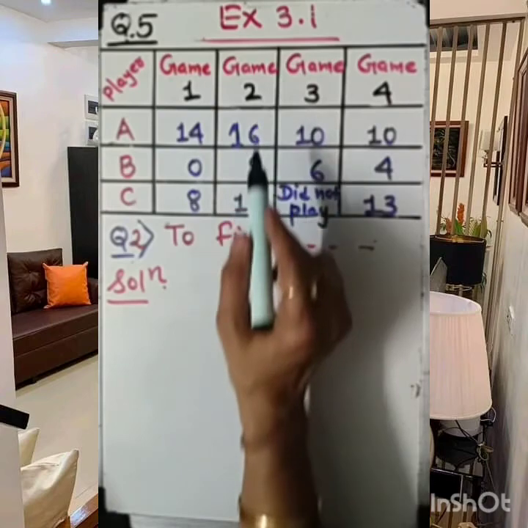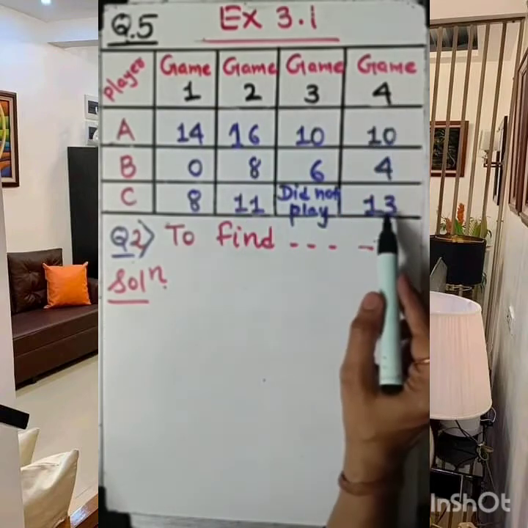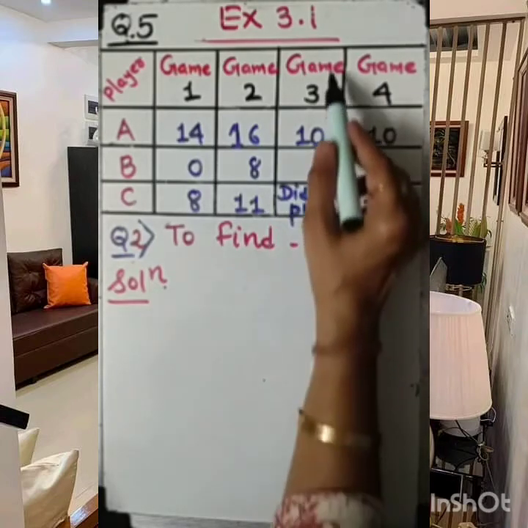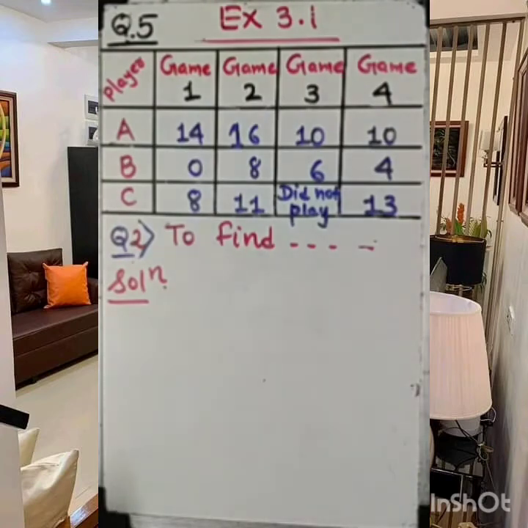For game 2, his score is 11. And for game 4, his score is 13. But he did not play game 3. So in such a case, we need to consider only 3 games. We need to consider the total points, which will be divided by 3.